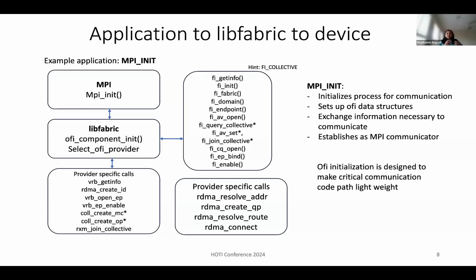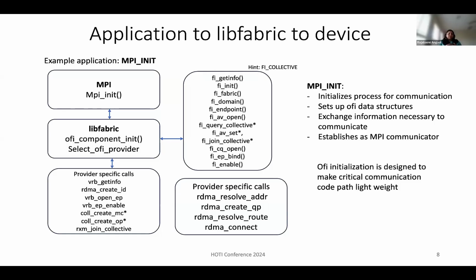And if we want Libfabric supported collectives, then if we set the hint capabilities to FI collectives, it will help us know whether a particular provider supports collectives or not, whether it is supporting collective offloads or not. FI endpoint creates an endpoint. It exchanges addresses, and it binds the memory regions, completion queues, counters, and address vectors to that endpoint object. Then there is FI get name. It will get our endpoint names and publish sockets to KVS.